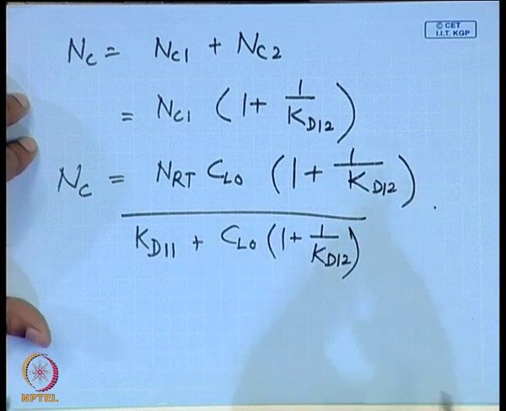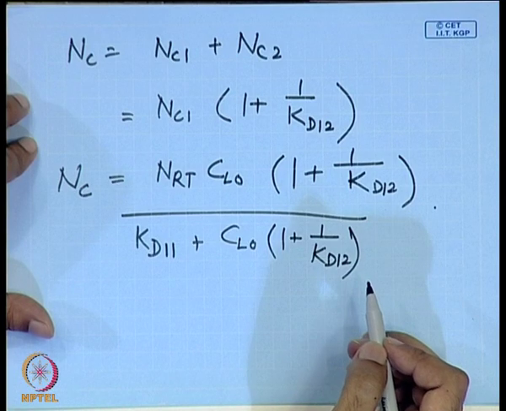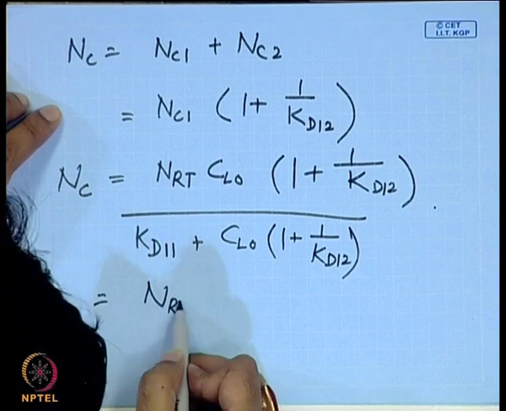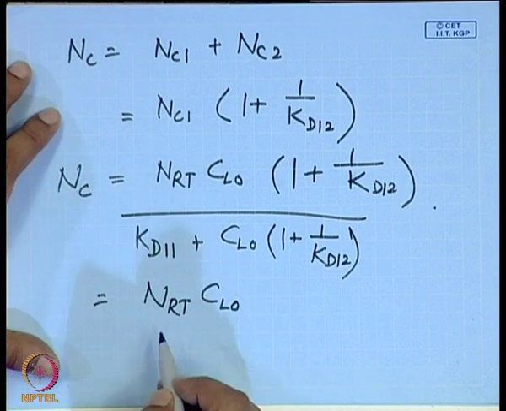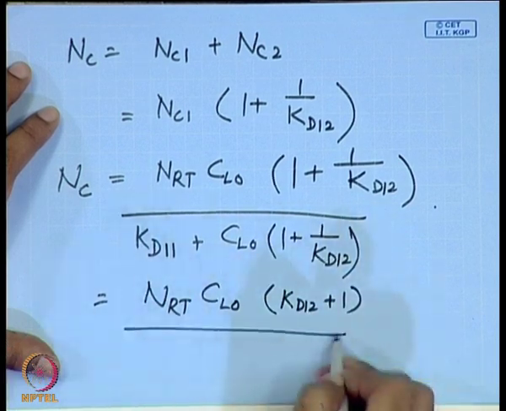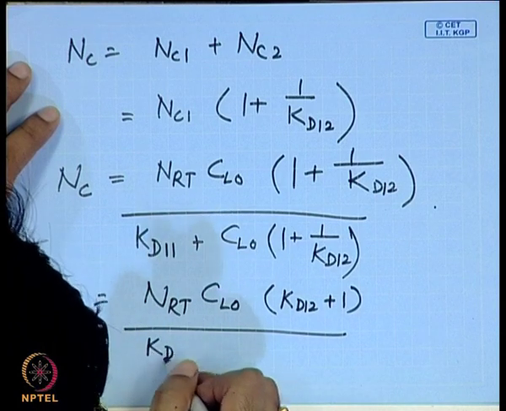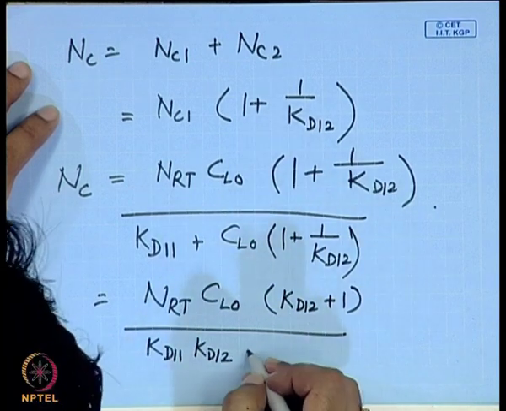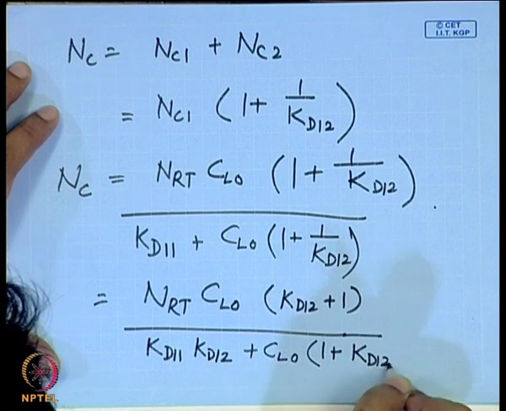One of the things I can do is try and convert this into a slightly more handleable form, which is KD12 plus 1 divided by KD11 KD12 plus CL naught 1 plus KD12.